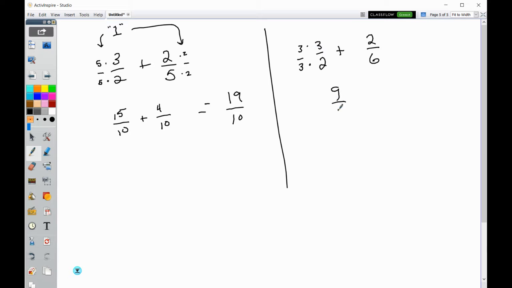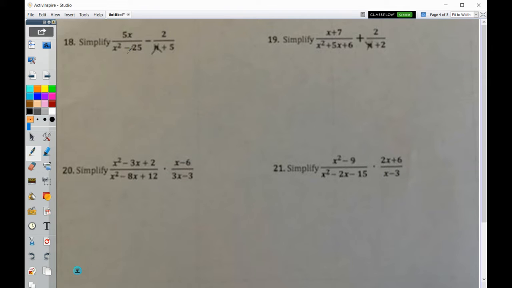So I get 9 sixths plus 2 sixths. Sometimes you only have to adjust one of them. So the key here is figuring out what the common denominator would be.